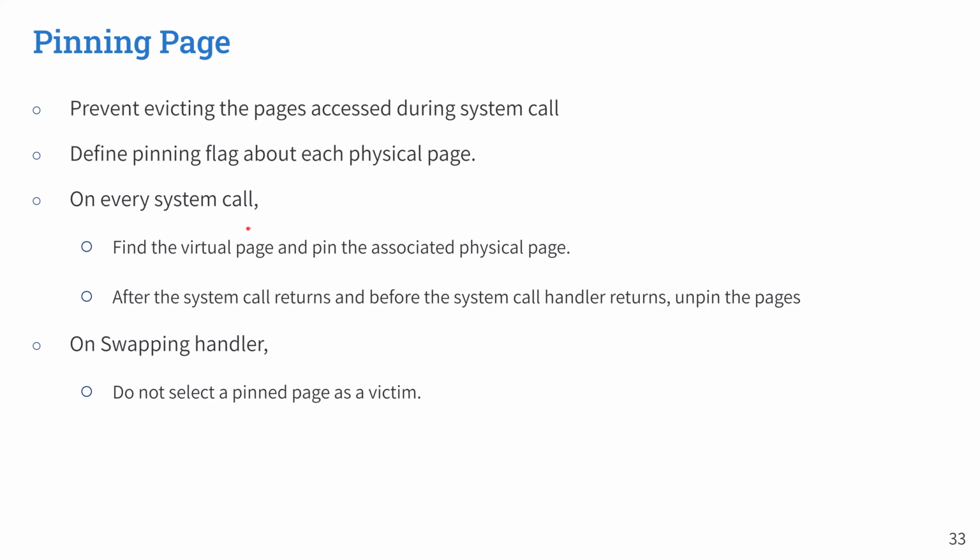In detail, on every system call, you should find the virtual pages affected by the system call and pin the associated physical pages. After the system call finishes and before the system call handler returns, you should unpin the pages. And in the swapping handler, you should not select pinned pages as a victim. Yeah, that is required to protect the content of the page from corruption.